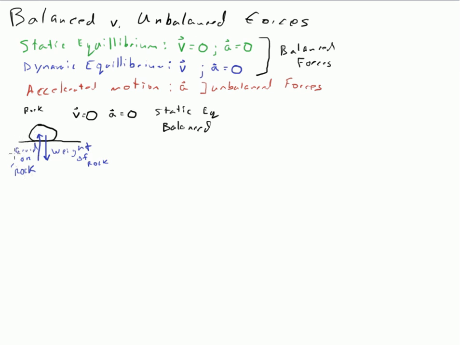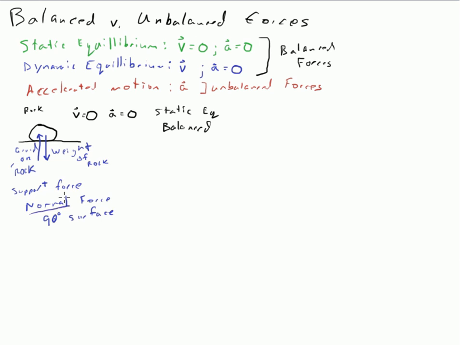Another name for this force, the ground force pushing up on the rock, is a support force. Support force, and we call it a normal force because it acts 90 degrees to the surface.